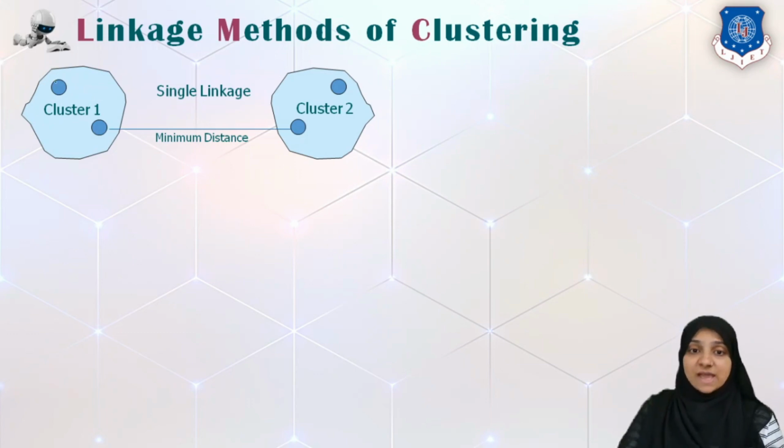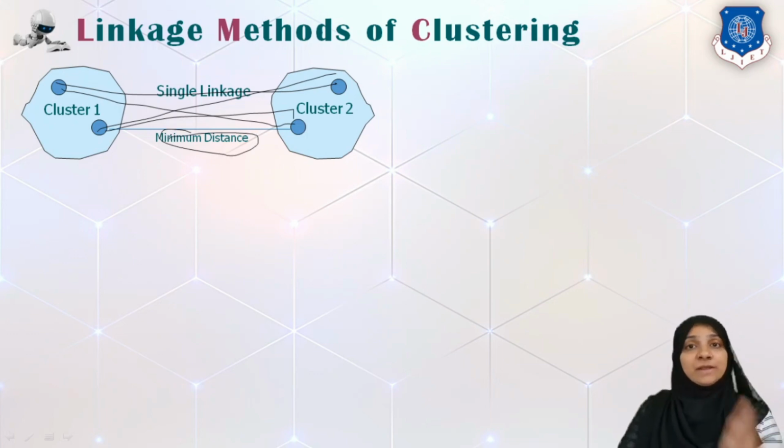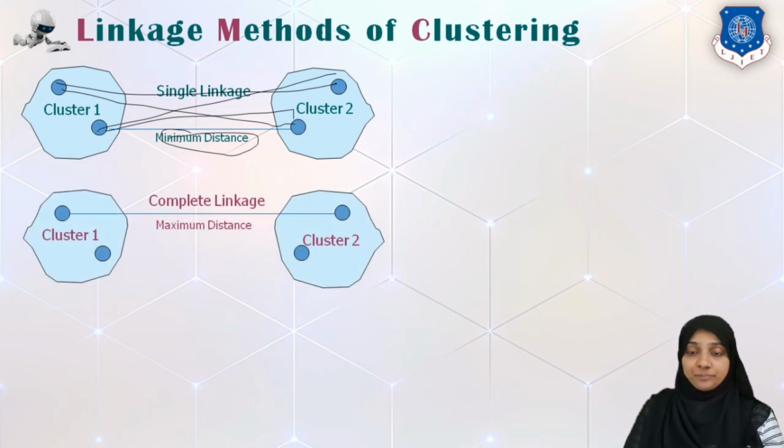So as you can see, I can find the distance between these 2 points, also between these two, or these two. Whatever the minimum distance is, whenever we use this minimum distance as our measure of the distance between any two clusters, that kind of algorithm is called the single linkage algorithm.